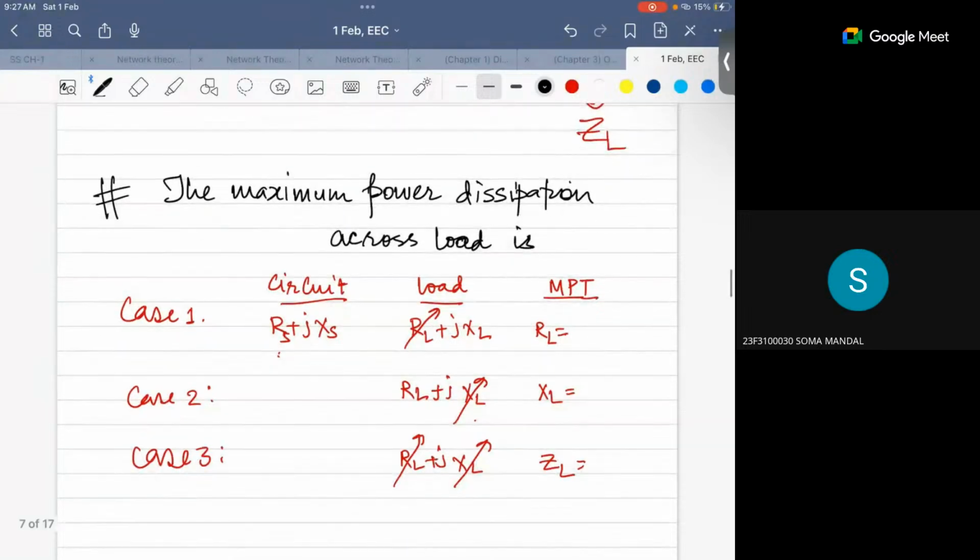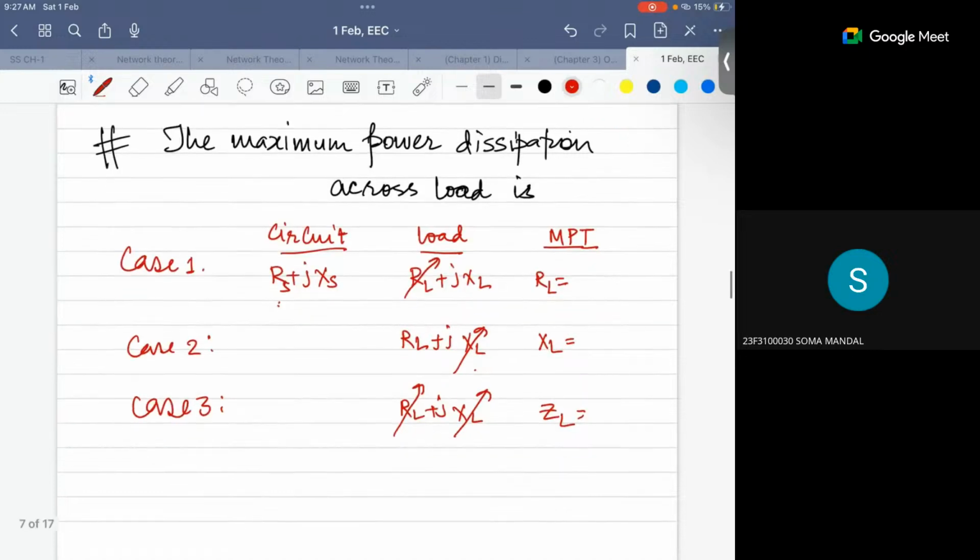No. Okay, so in the first case, that one thing you already know, right? The third case you already know, where if both of them are varying, then ZL should be equal to what? ZS conjugate, right? This case you already know, I hope.